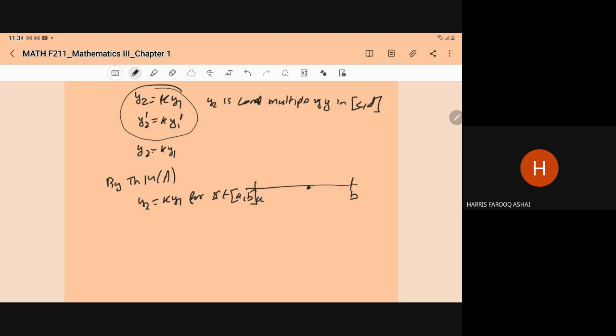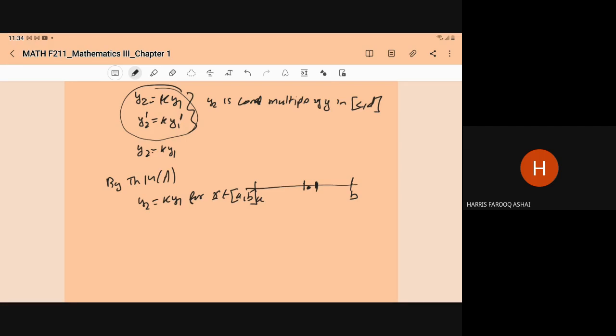Because theorem 14a states that if at a point it satisfies these two conditions, then we have the unique solution. Here it is satisfying in the interval (c, d), it means y2 and k y1 are both the same thing.